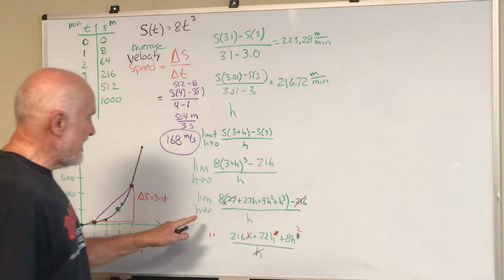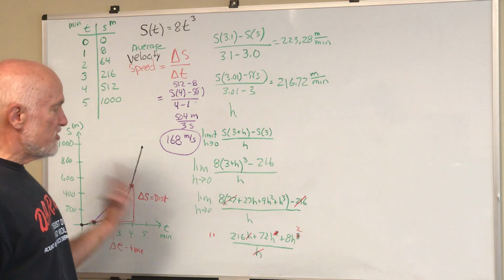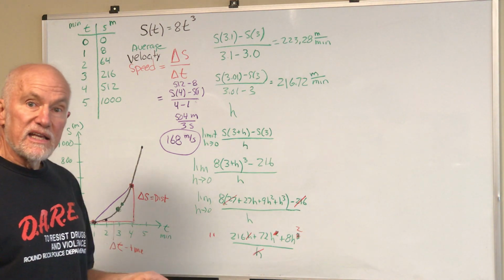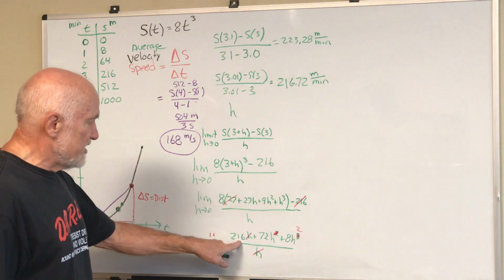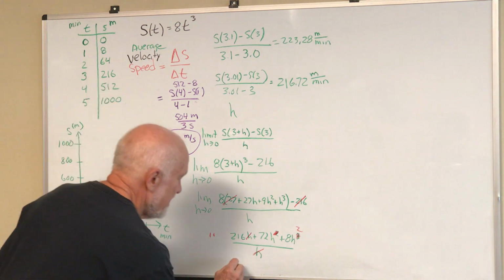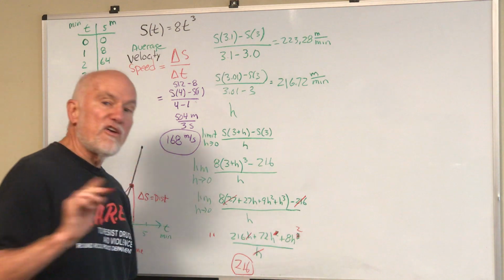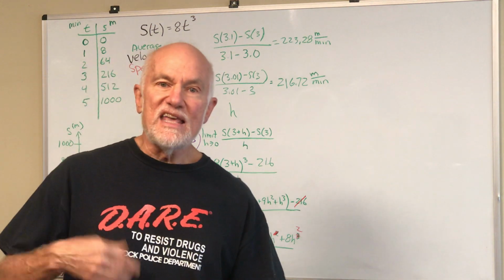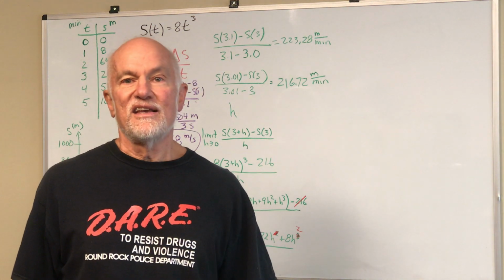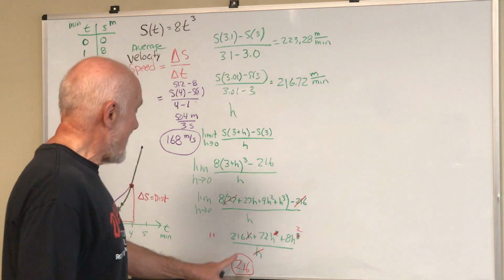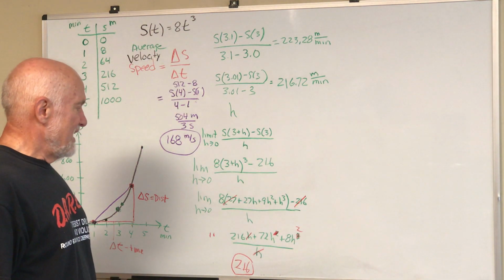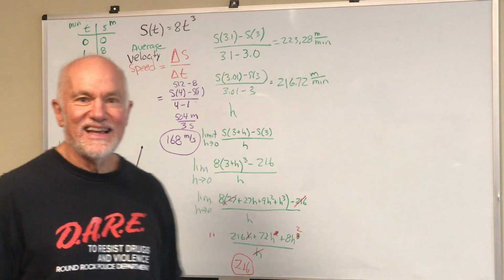Now I can actually take the limit as h approaches 0 just by plugging in 0 for h. And what do I get? 216. We had figured out a way to find the instantaneous velocity at time 3. And that was really exciting.